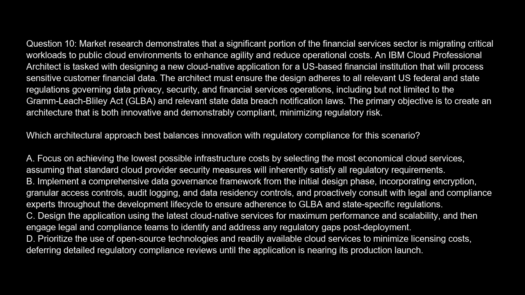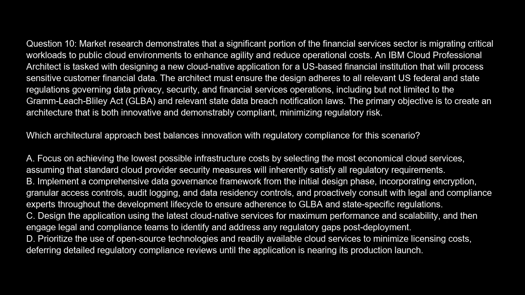Option A. Focus on achieving the lowest possible infrastructure costs by selecting the most economical cloud services, assuming that standard cloud provider security measures will inherently satisfy all regulatory requirements. Option B. Implement a comprehensive data governance framework from the initial design phase, incorporating encryption, granular access controls, audit logging, and data residency controls, and proactively consult with legal and compliance experts throughout the development lifecycle to ensure adherence to GLBA and state-specific regulations.